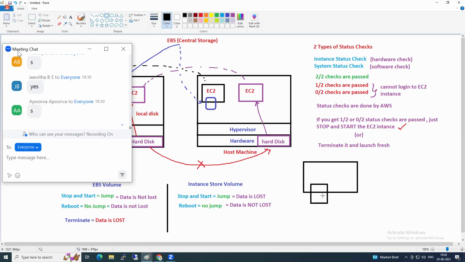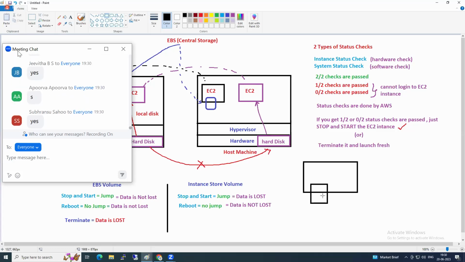But if you don't want it to be deleted, what do you do? Uncheck it. Correct? In what situation do you want to uncheck? Now, example. You logged into the EC2 instance, you have installed so many softwares, you have configured so many applications inside it. All your software configuration will be inside this volume only.